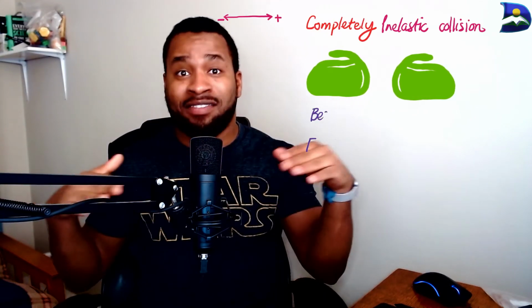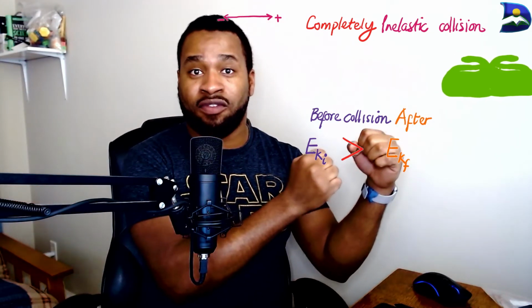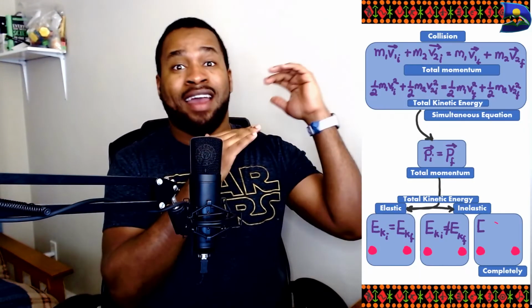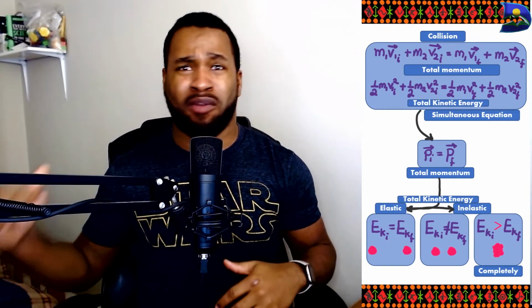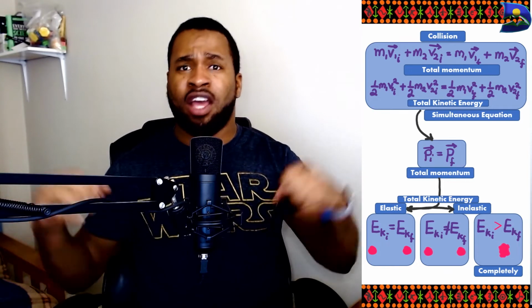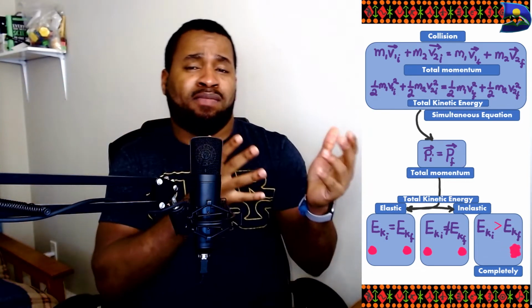And finally here we have completely inelastic collision, where the kinetic energy before is way higher than the after kinetic energy to the point of minimum, and usually in that case the 2 objects stick together after collision, and that is how that plays out.